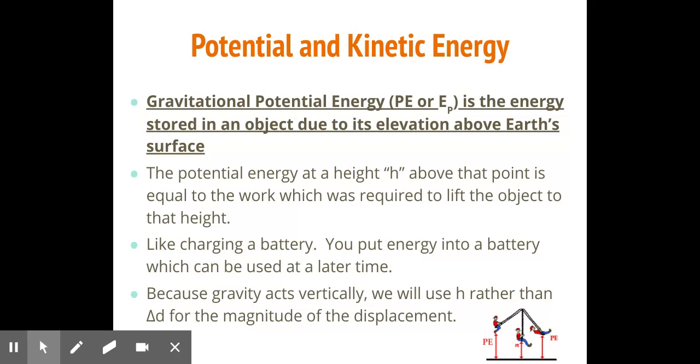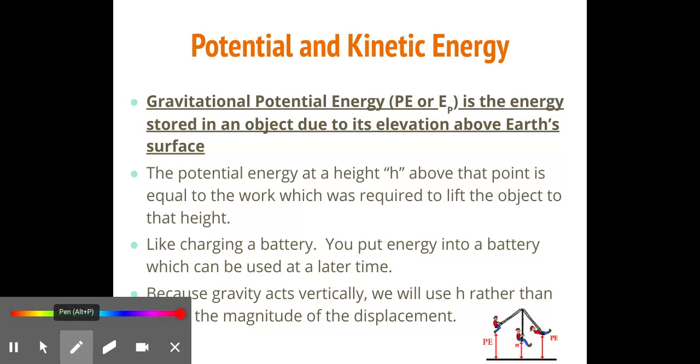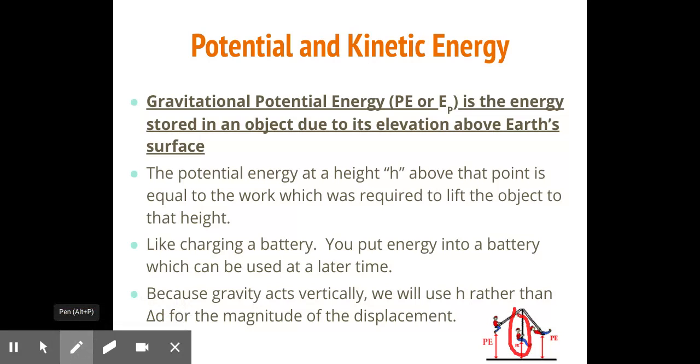So looking at this little picture at the bottom of this kid, it's to say something like this. If he's at this position right here, we'll say his potential energy is 0. But as he climbs, when he's at this position, now obviously he's on a swing, so yes, he's moving, but let's just say he was stationary right there. Remember when you were a little kid and your dad or your mom liked to hold you up super high on a swing to spook you? Let's say that's what's happening to this kid.